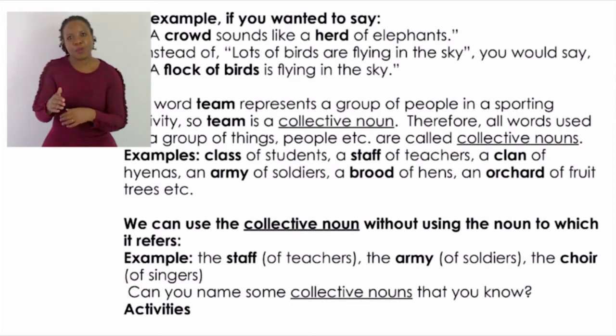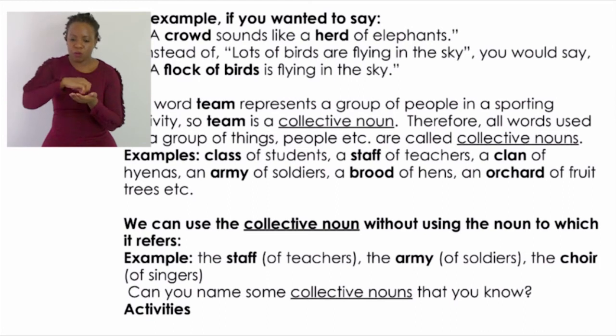We can use the collective noun without using the noun to which it refers. For example, the staff of teachers, that is, the army of soldiers, the choir of singers.